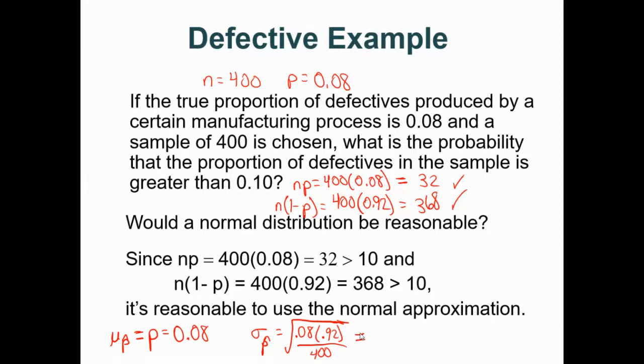So what do we get for sigma here? What's that? 0.0. Now let's use more decimal places so we're a little bit more approximate. 0.013565.